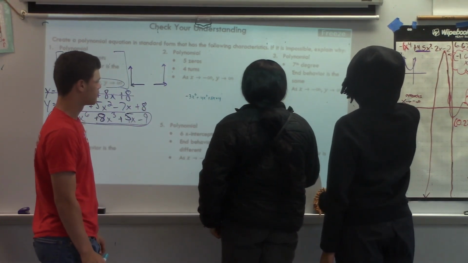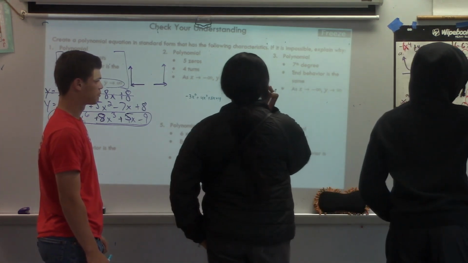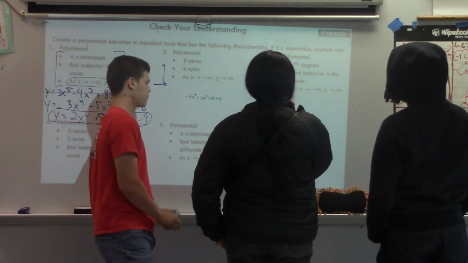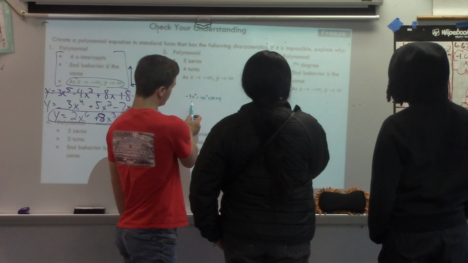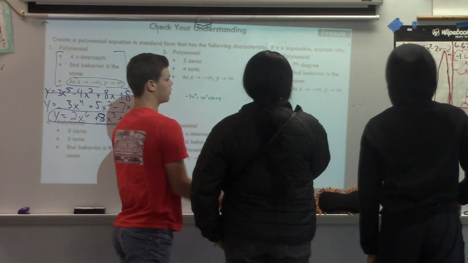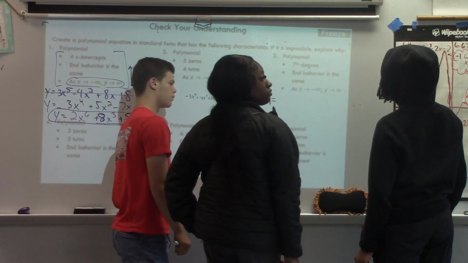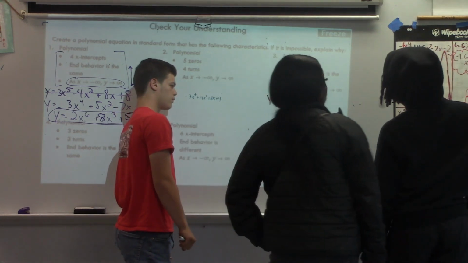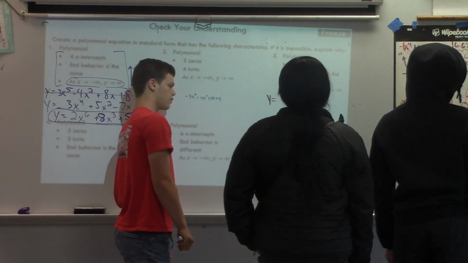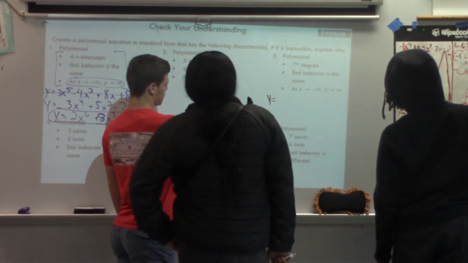On both sides. Well, it's the same, they don't say the same direction, so we need to go back. Yeah. So if I use negative 3x, one more time, if I use negative 3x to the fifth plus 4x to the third plus 8x.